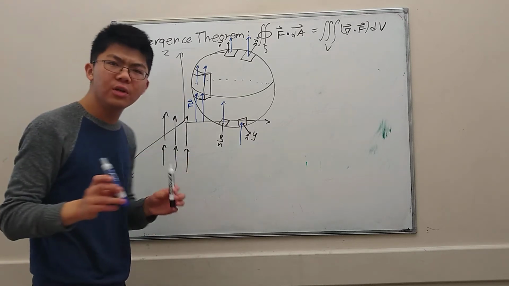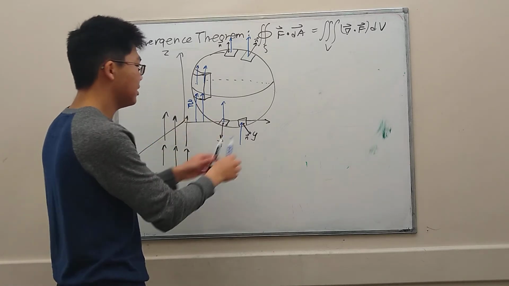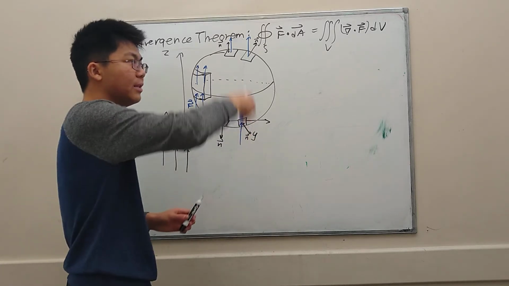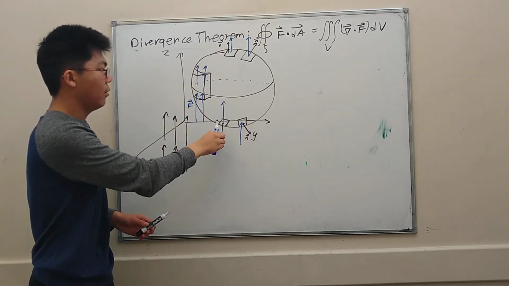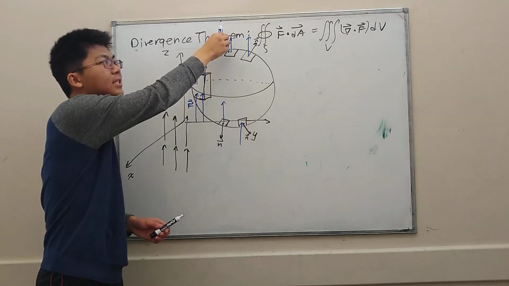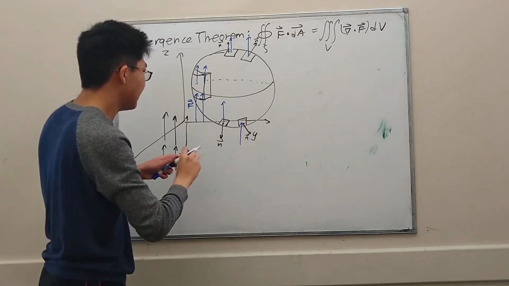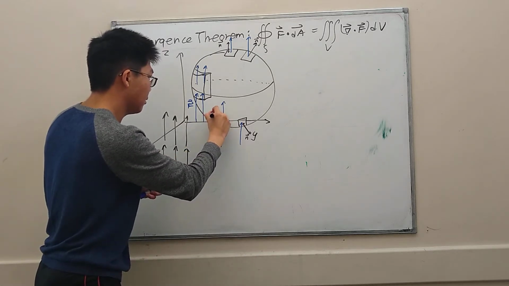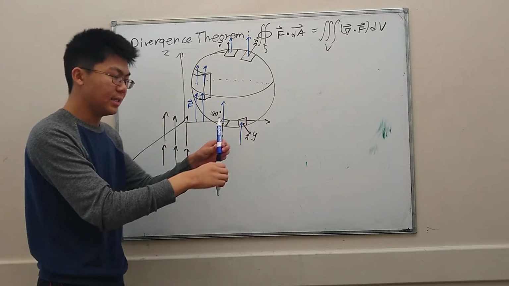Now, what do you notice here? We've noticed that because the field is so symmetrical, because the blue field F always points upward, that means it enters the cube in the same direction as the direction that it exits from. And so, we've noticed that the angle here, for this case, they're 180 degrees apart.